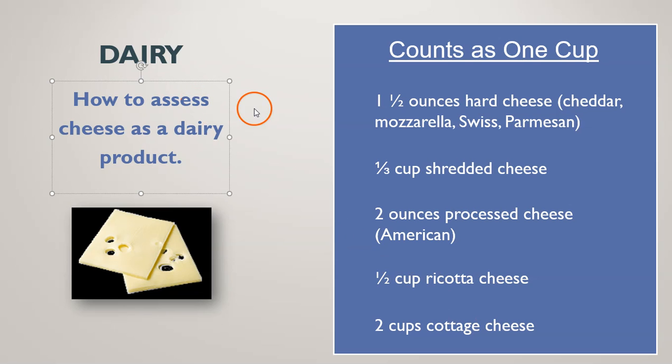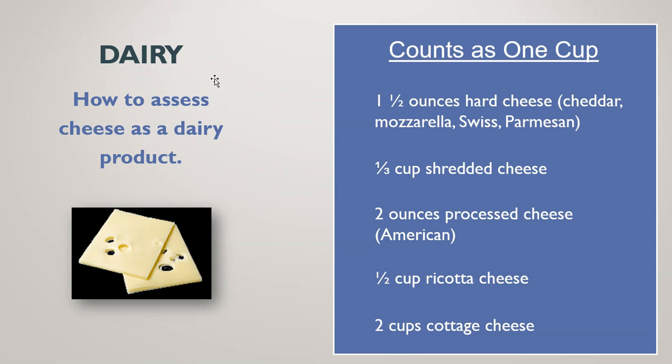So yeah, and this might be a good time to tell you, no, you don't have to remember all of this stuff. Okay? What I'm actually wanting you to remember is the overall MyPlate scheme. Fruits and vegetables on one side, grains and proteins on one side, dairy off to the side.